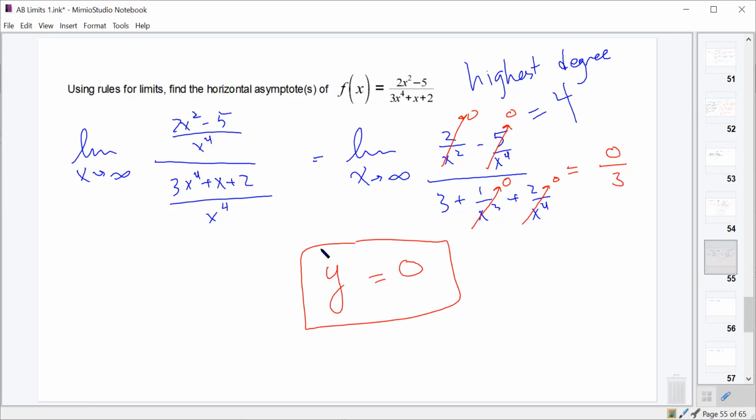And that was the rule you should have learned a year or two ago, that anytime you have a rational function and the degree of the numerator is smaller than the degree of the denominator, you get a horizontal asymptote of y equals 0. That was one of your rules. You guys remember that rule? I do now. All right. Hey, you'll never forget it now, because now you got to do all this extra work to find it.